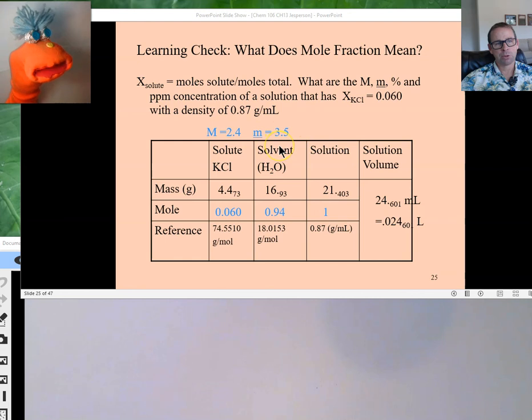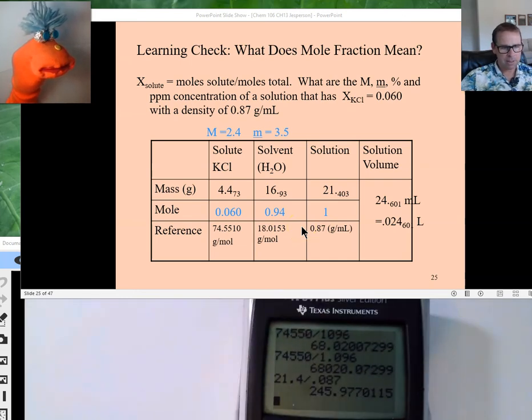Okay, and then mass percent, that is grams of solute for every gram of solution times 100. Very good. So folks at home, try to find the mass percent given the material that we have here. Okay.